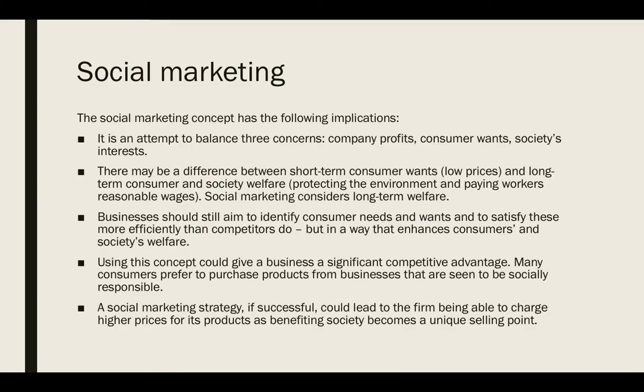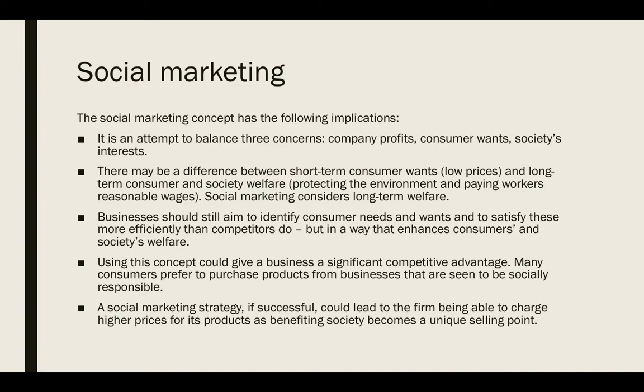Now, social marketing might have some implications, okay? First of all, it's an attempt to balance three concerns: company profit, consumer wants, and society's interest. And we already talked about in Unit 2 how it can be a bit challenging to balance all of these three.